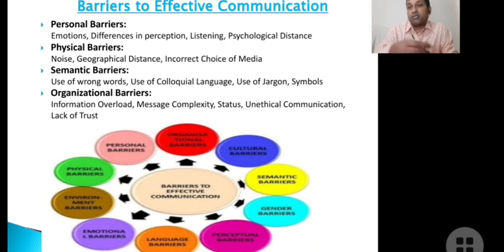So symbols also tend to be a barrier. If the symbols will not be understandable, then nothing will be meaningful to the receiver and nothing will come in return from the receiver.